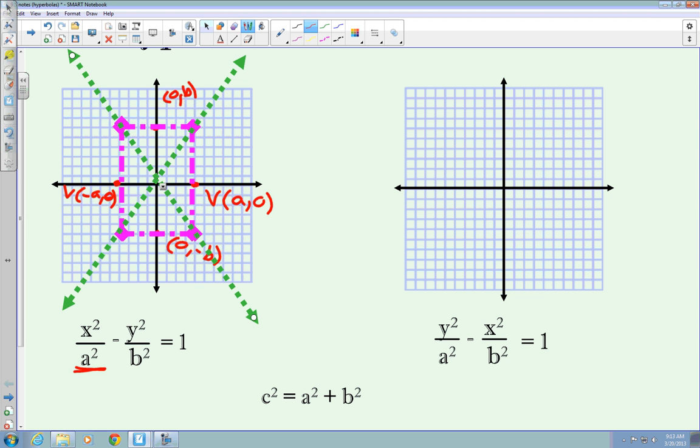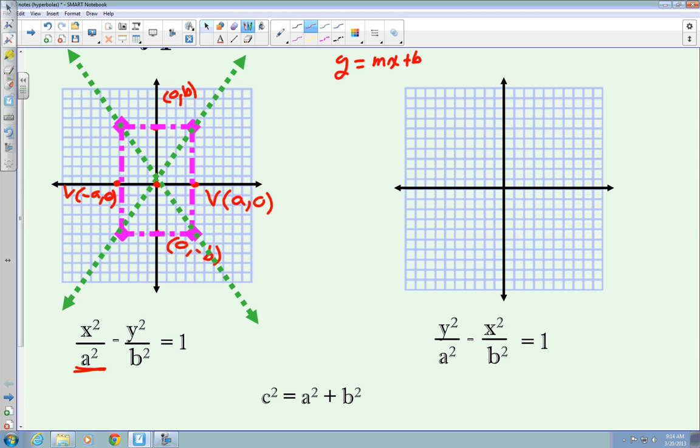Now these asymptotes always go through the center, and when your center is 0, 0, they go through 0, 0. If we moved it somewhere else, they'd go through whatever that center is, but we're just going to do the 0, 0 one. So I'm going to write an equation of these asymptotes. If you look at y equals mx plus b, because it's a line, what's my b going to be equal to?